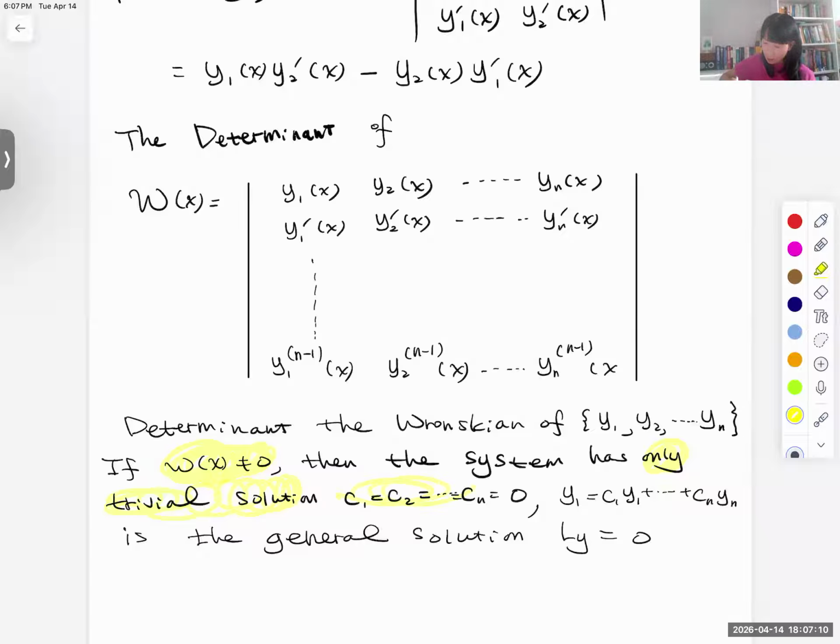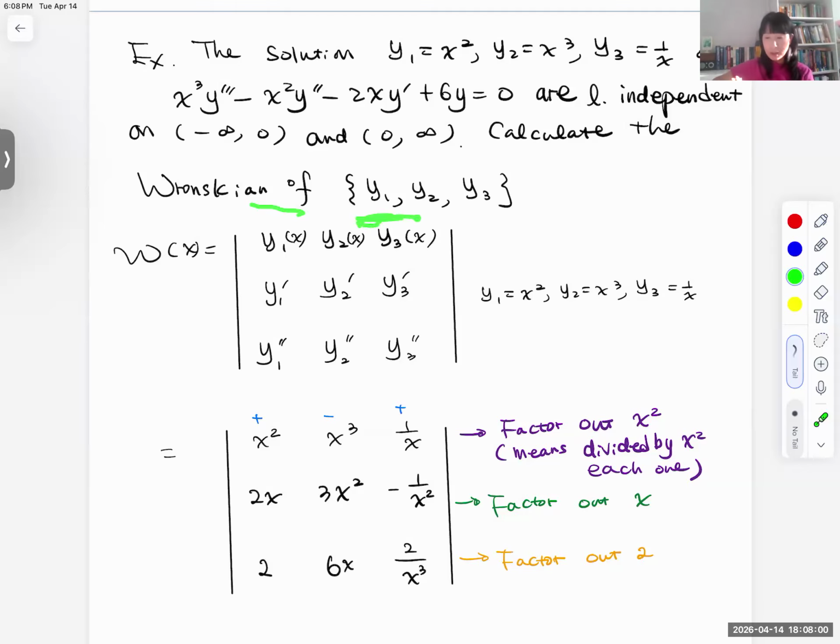We have this example, the same question as earlier, and we just found this is linearly independent, right? And then we want to calculate the Wronskian of the set y sub 1, y sub 2, y sub 3.